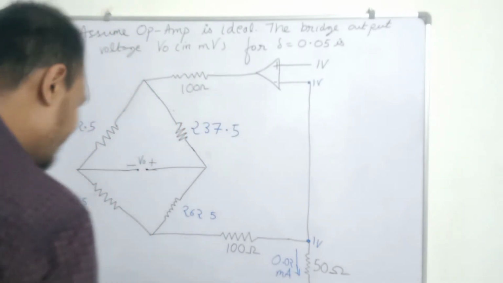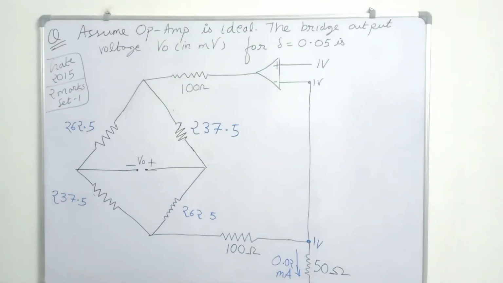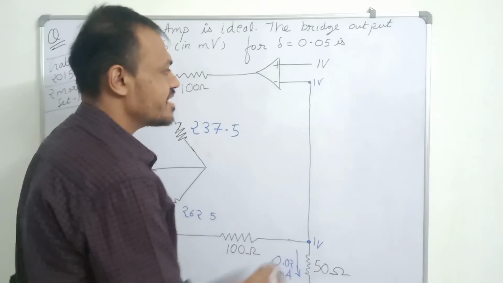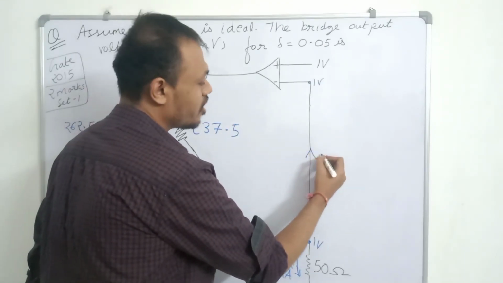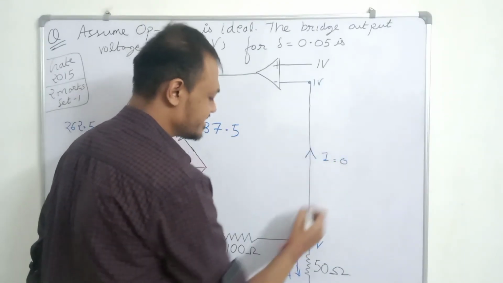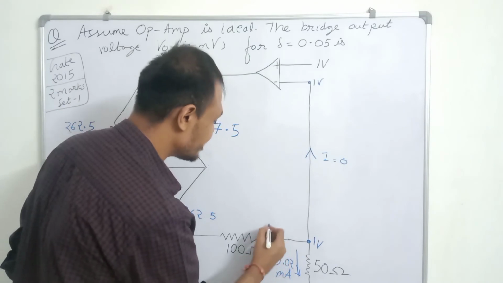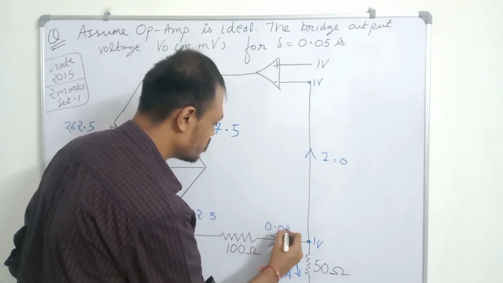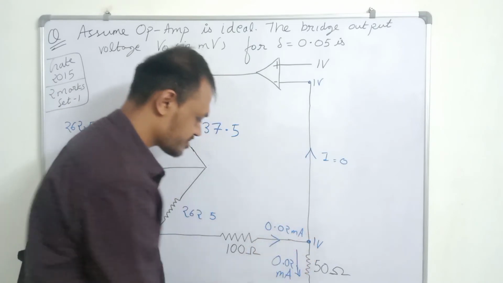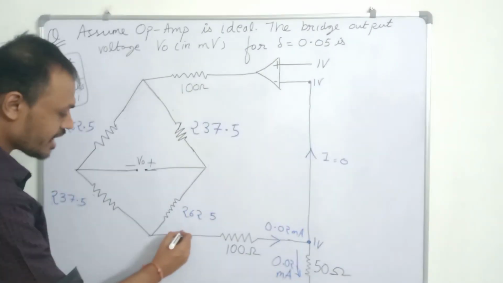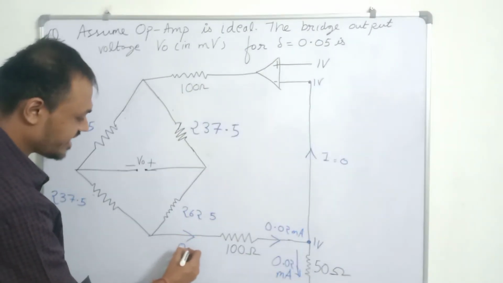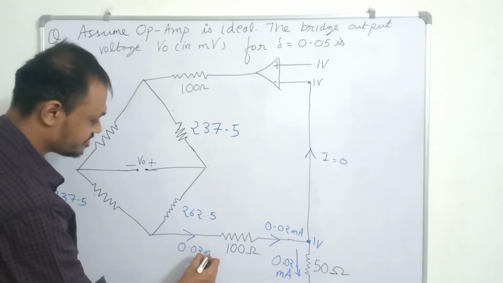Now the current flowing inside the op-amp is 0, so this current I is 0. So the current through the 100 ohm resistor is also 0.02 milliampere.